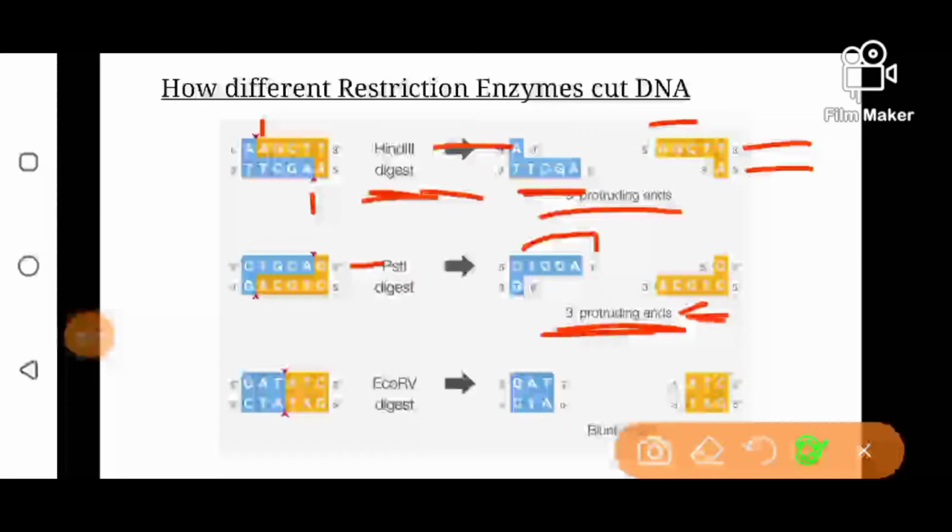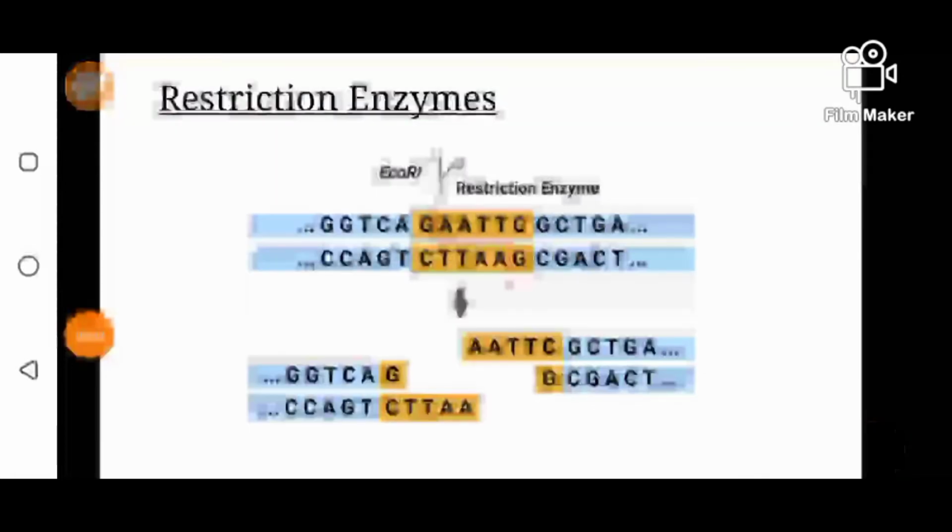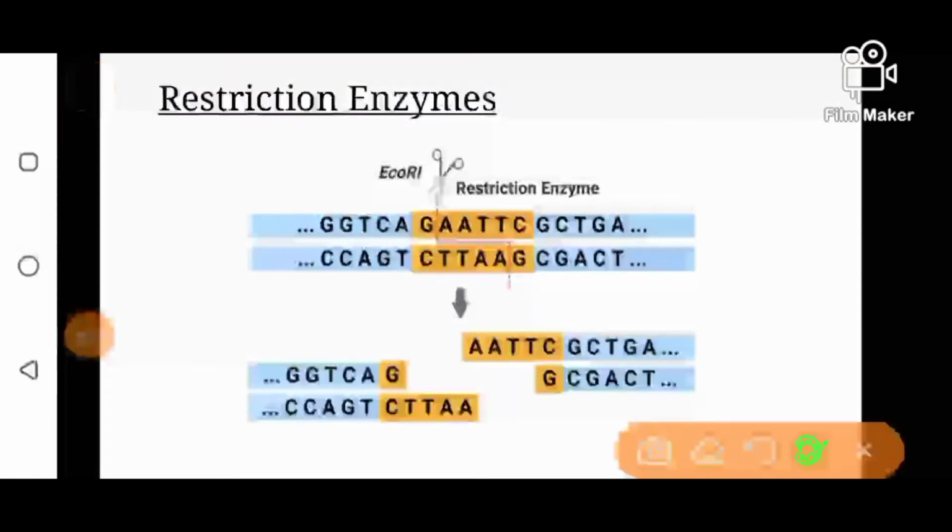And some enzymes like EcoRV digest DNA right in the center, right in the middle of the recognition sequence, without leaving any sticky ends. And these kinds of cuts are known as blunt cuts or blunt ends. This is another example of sticky ends produced by enzyme EcoRI.